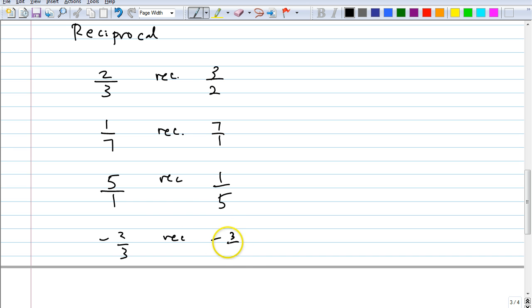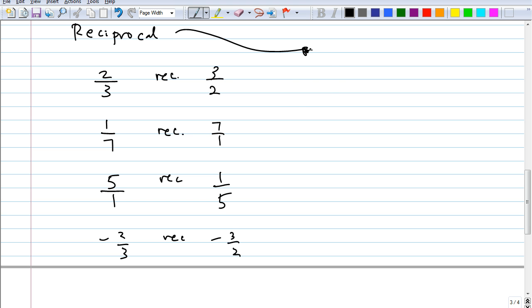Why? Who remembers the definition of a reciprocal? So this is a shortcut. You just change the numerator and the denominator, even if it's negative, doesn't matter. But how do we define reciprocals? What sort of nice thing does it do? One person, Nick? It allows you to?